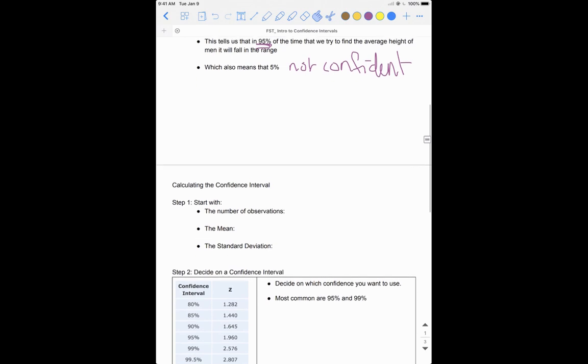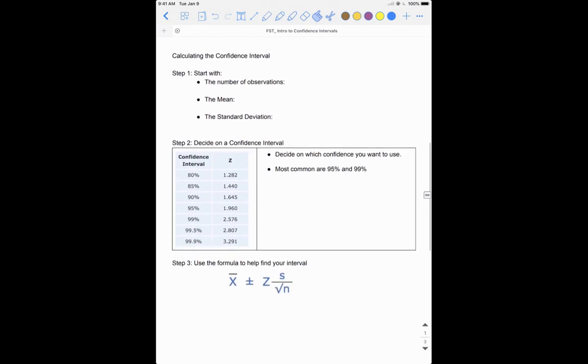Now we're going to talk about actually finding our confidence interval. All right, so three key things that you need. Your first step: you need to figure out your number of observations, or number of people surveyed in that last example. We denote that with the letter N, right?